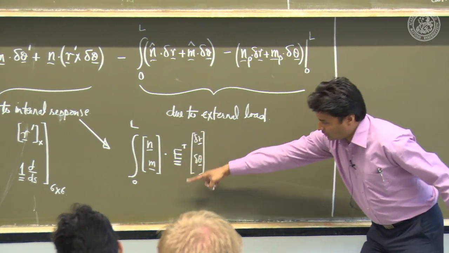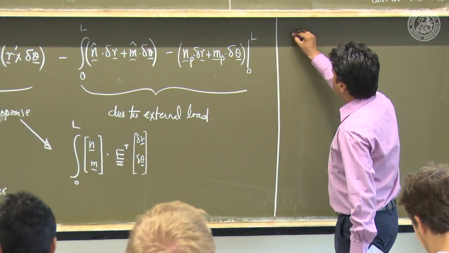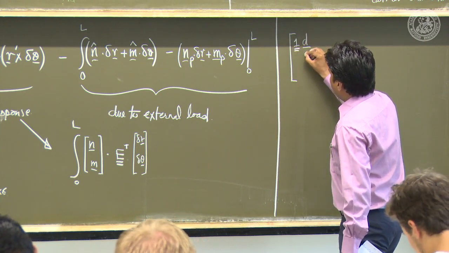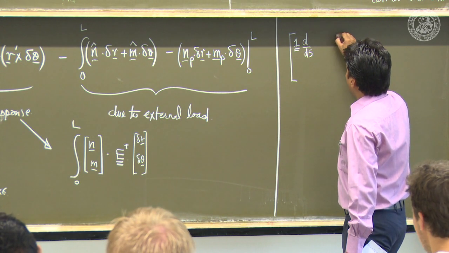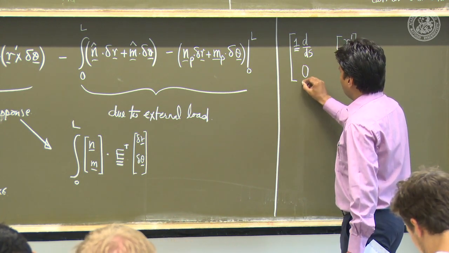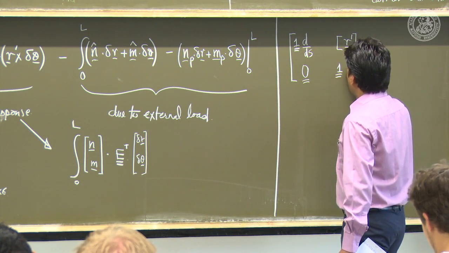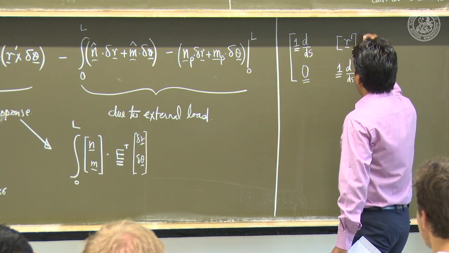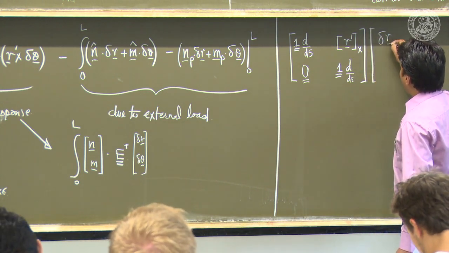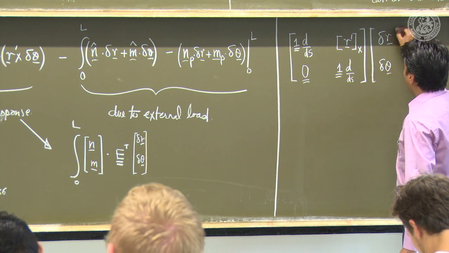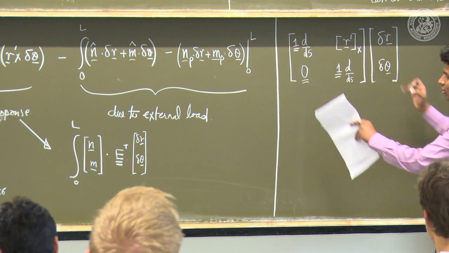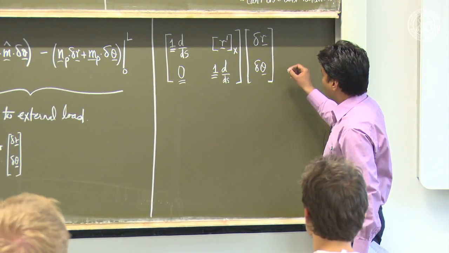So, when I work out this thing over here, that is simply 1 d/ds, little r prime cross, 0, 1 d/ds, multiplied with del r del theta, and just work out the multiplication and see what we get.